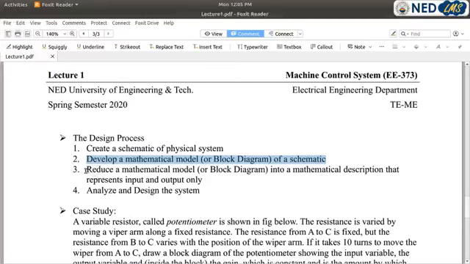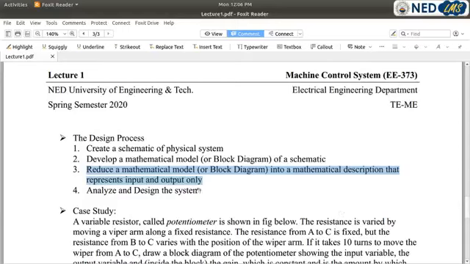Now, the third step in our design process is to reduce the mathematical model or block diagram into the simplest possible mathematical description that will only contain the input and output. This is, of course, a mathematical process. We will see how we can do it.